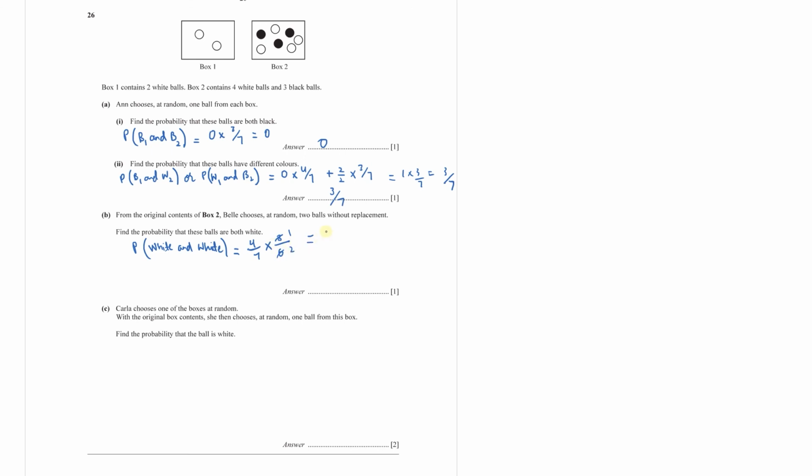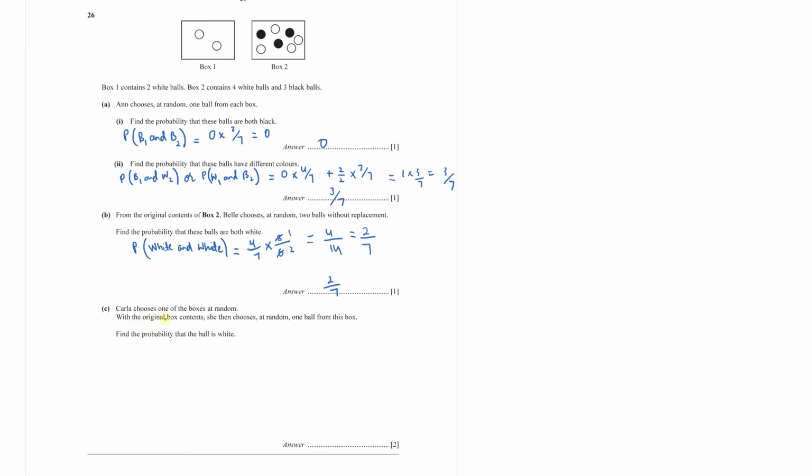So you get 4 by 14, which I can simplify even further to 2 by 7. So the probability of getting the white first time and the white second time is, you calculate the first time probability of getting a white, and since it's an and, you multiply it by getting a white the second time.